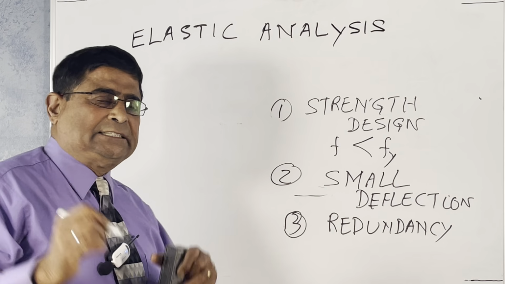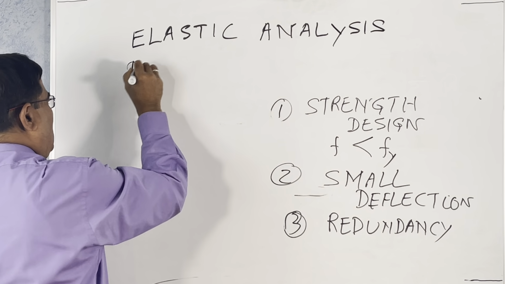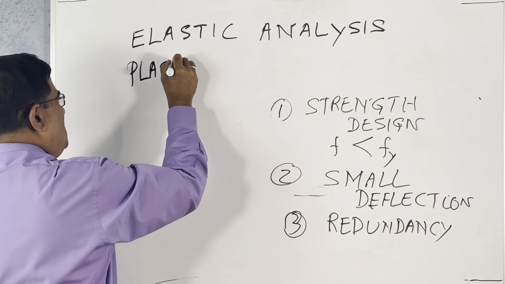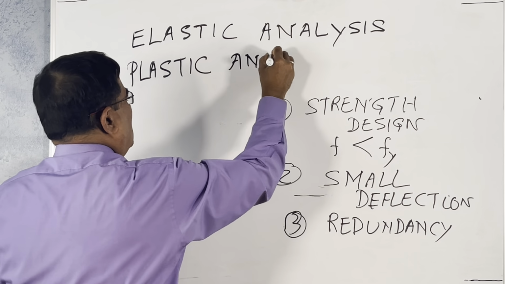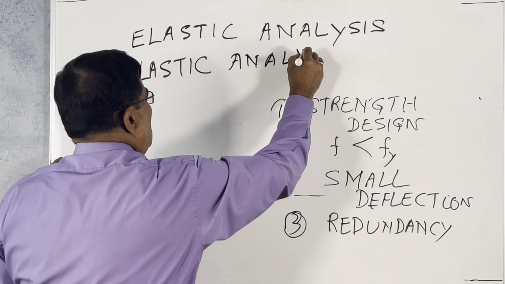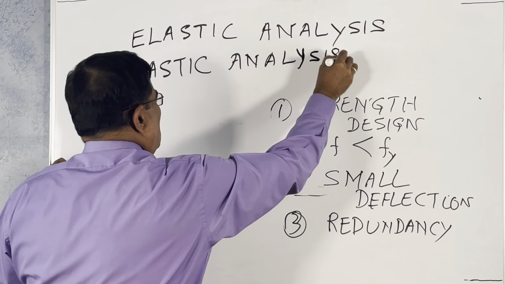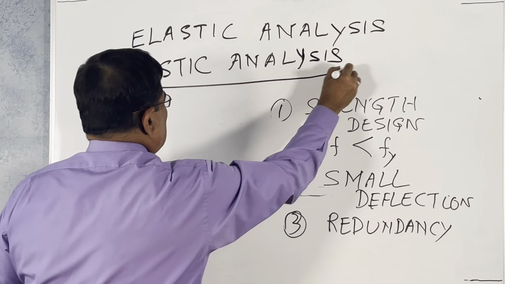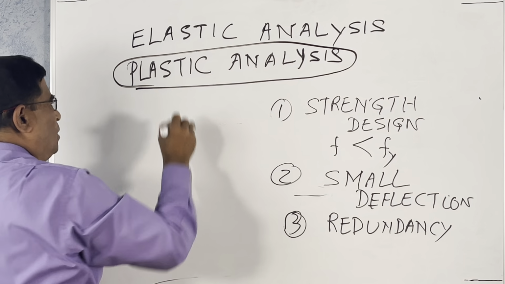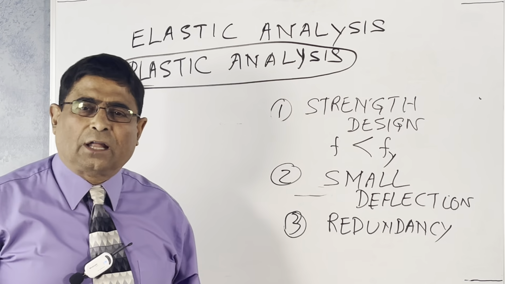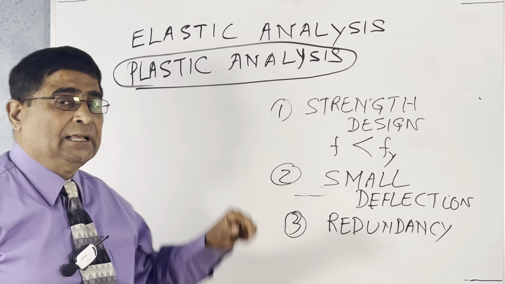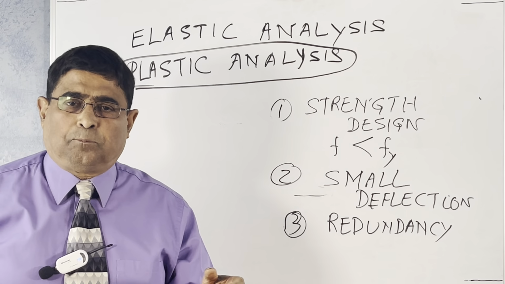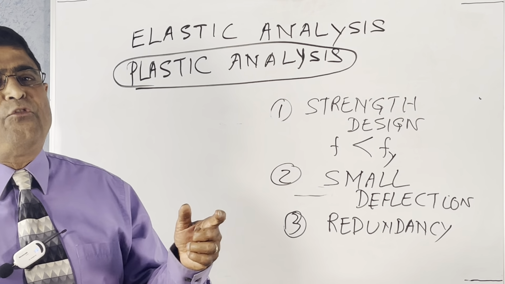There is another analysis called plastic analysis. It is not very much in use, and it is not needed, to be honest. But it helps you understand how the structure will fail.